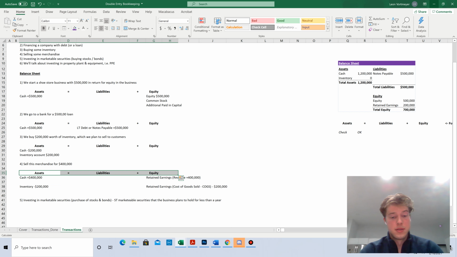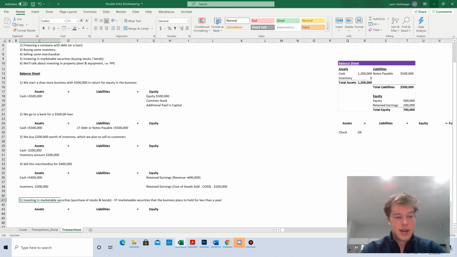So what's going to happen here is very similar to transaction number 3. Let's say we buy, how much cash do we have? We have $1.2 million in cash. Let's say we are comfortable investing $300,000 of cash. We think we will not need more than $900,000 of cash, the remaining balance, to operate the business, so we can safely put away $300,000.